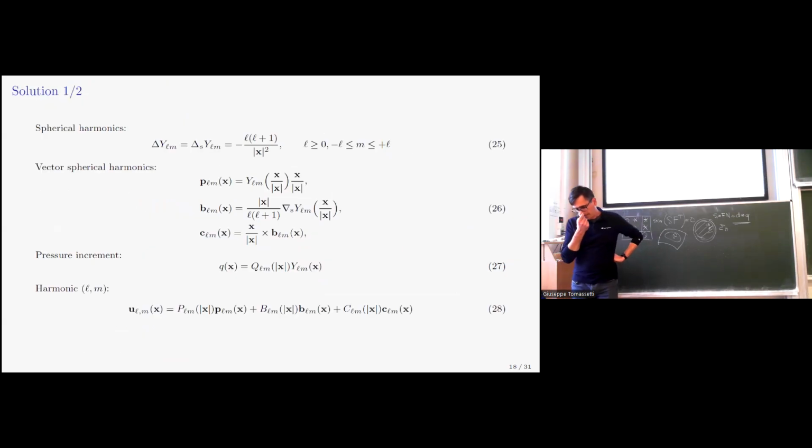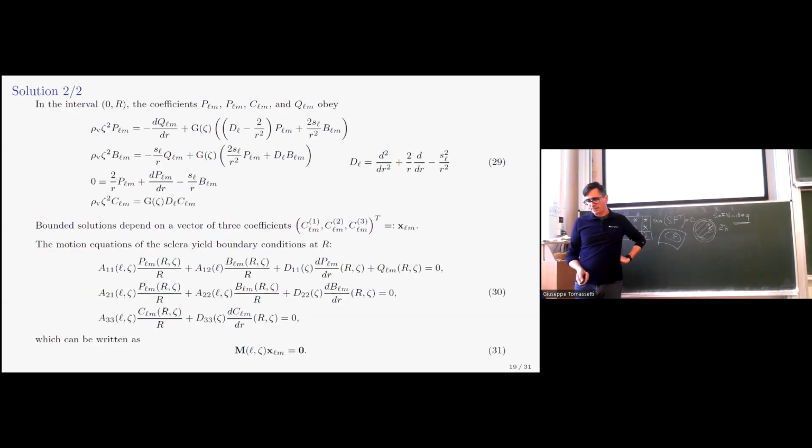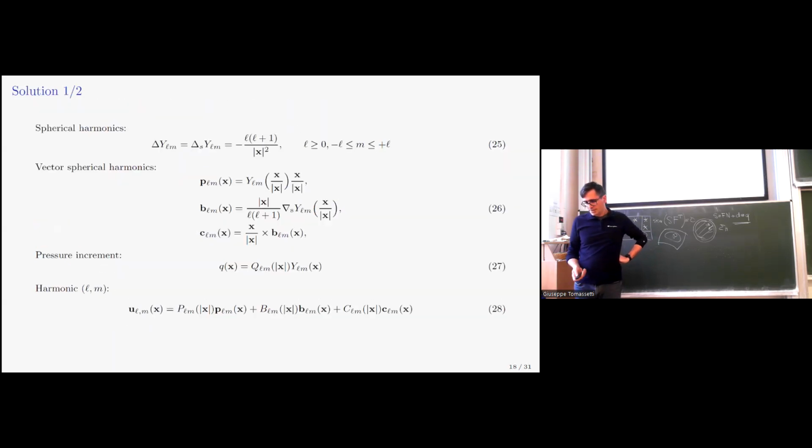So how can you solve this problem? Essentially you use spherical harmonics. This is a very well-known tool from mathematical physics. It's found in many books of mathematical physics, usually for calculations in quantum mechanics, but also for other calculations.